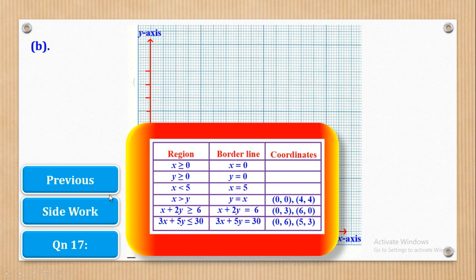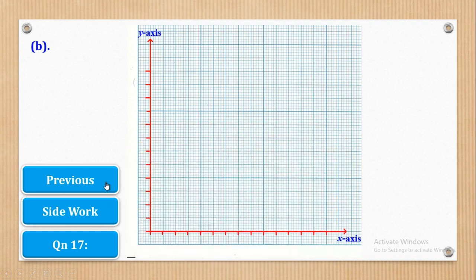But before you draw, you have to first label your demarcations. Remember, they told us that 2 centimeters represent 1 unit. So you keep 2 centimeters on the horizontal, and since they said it is for both axes, you also do the same for the vertical axis. So you skip intervals of 2 centimeters.